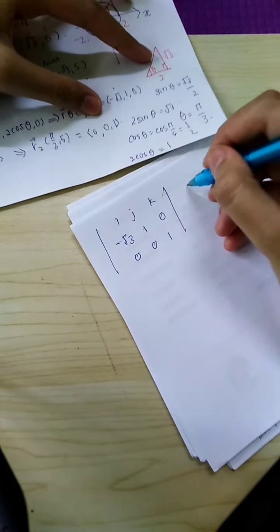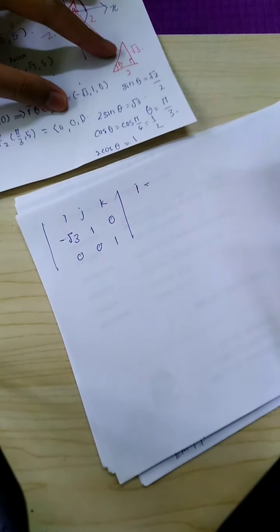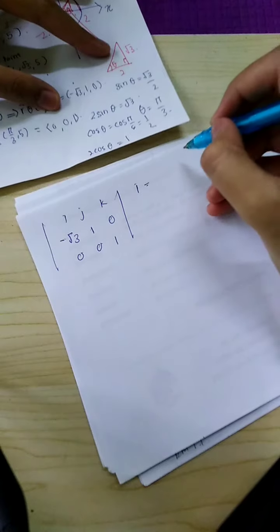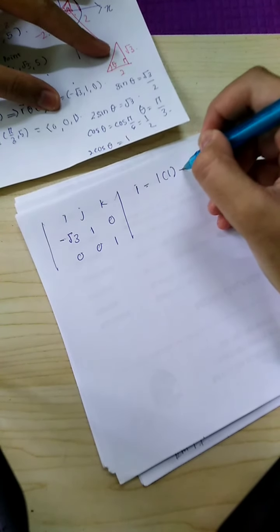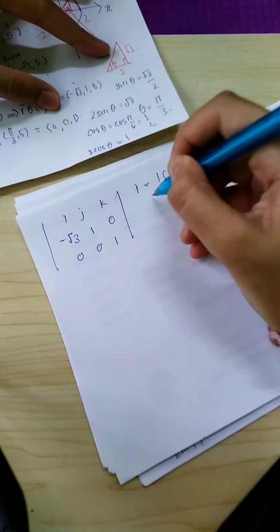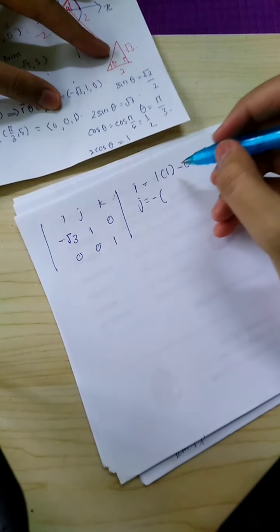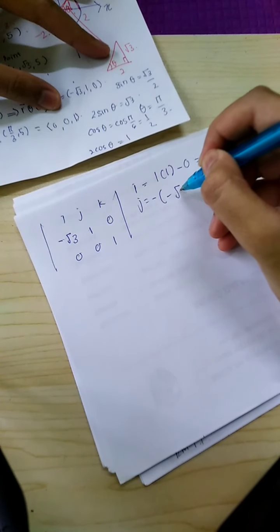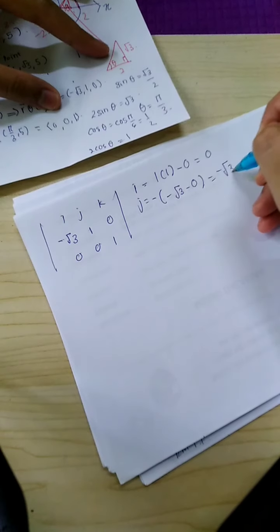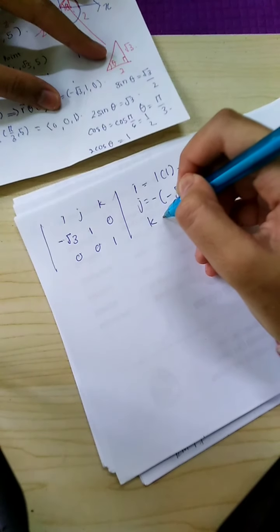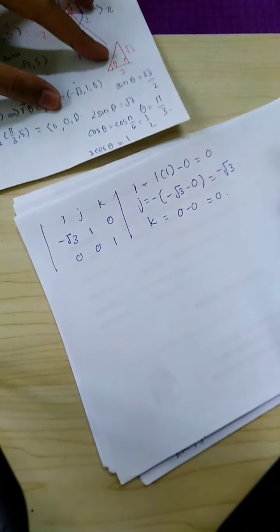So i will be 1 times 1 minus 0, which is 1. j will be -3 minus 0, so we get 3, and k will have 0 minus 0 equals 0.